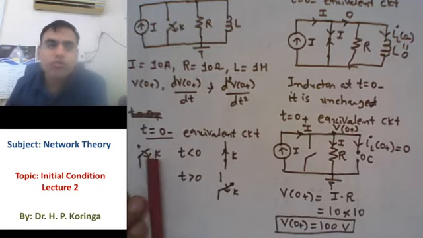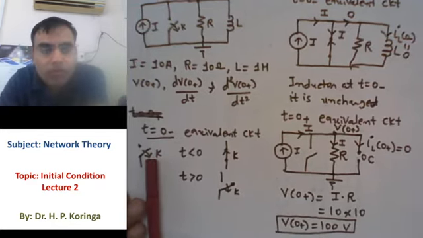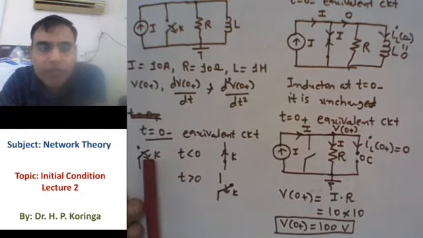Right. So to find I0 plus or V0 plus, that can be found by drawing the network at t equal to 0 plus. To draw the network at t equal to 0 plus, we should know whether the inductor or capacitor is charged or uncharged at t equal to 0 minus. To know that, we have to draw the network at t equal to 0 minus time.